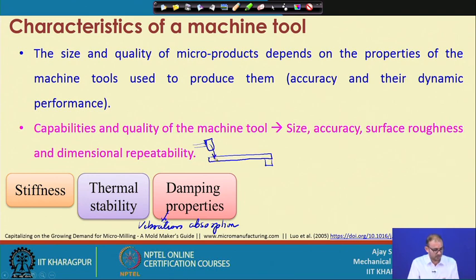When you are hitting here and you are measuring the vibration at this location, the vibration will propagate and reach this particular location. So, whatever is the property of this particular table, or this plate, that will dictate how much vibration will propagate up to this particular point, correct.